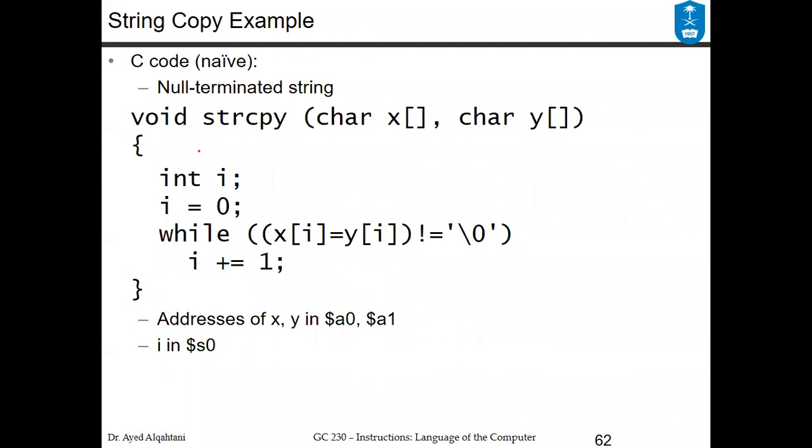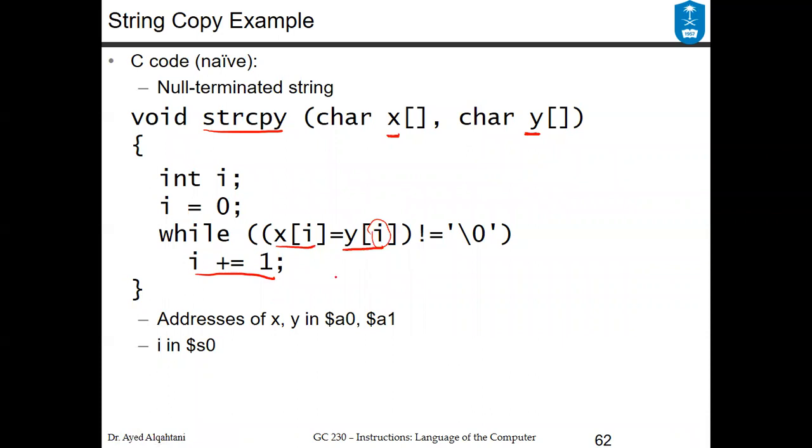Here's an example. If you say that you want to convert this C code, which is a string copy, you are copying the string from an array Y to the array X. So what happened? You define an index and you go through a while loop. What you do, you copy the Y to X. Notice that Y is an array of characters, and you are copying to X member by member because you have an index I, and every time you increment I by 1.